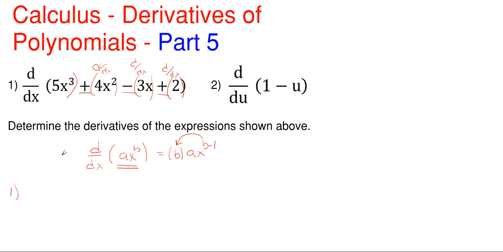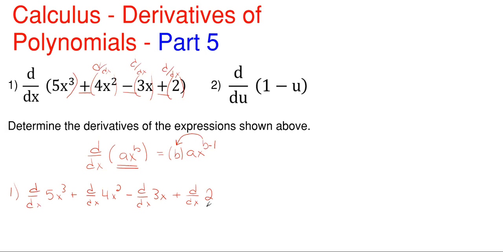So this first expression, d dx of that entire 5x cubed plus 4x squared minus 3x plus 2, can be written like this. You would take the derivative with respect to x of 5x cubed, plus the derivative with respect to x of 4x squared, minus the derivative with respect to x of 3x, and then plus the derivative with respect to x of 2.